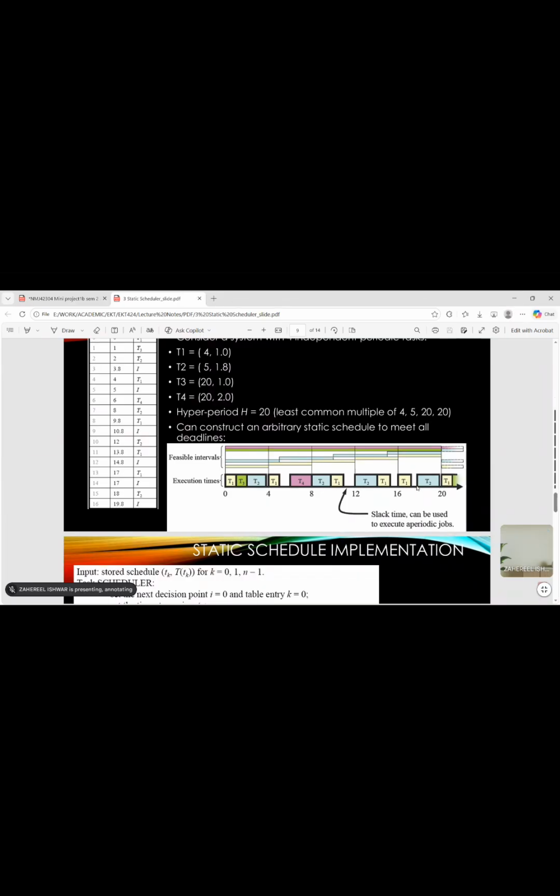Okay. So at k equal to 13 here, the T sub k, which is the time where T1 is scheduled, the last T1 in the sequence is time equal to 16. Okay, take note on that. Please correct that in your lab sheet as well. And then here is idle, and then T2, and then idle again.